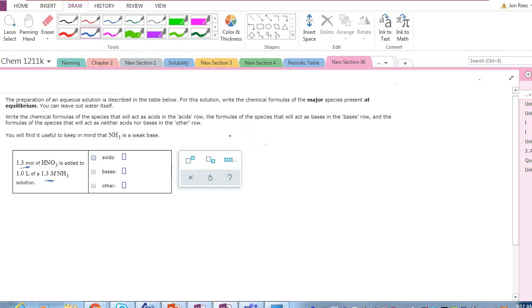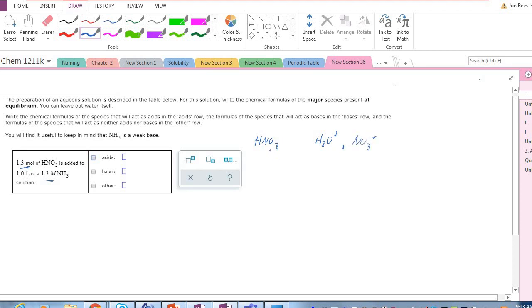So what I like to do in these problems is right at the beginning write what's in there. Okay, so we know that HNO3 is going to be a strong acid. Glad that sneeze is in there for posterity. We know that a strong acid is always going to break apart in water and leave us H3O+ plus NO3-.